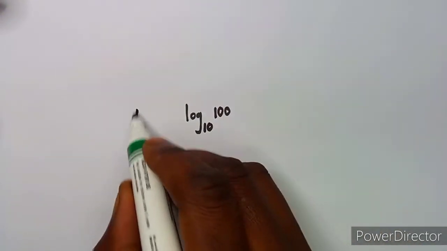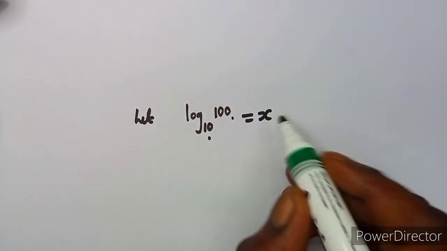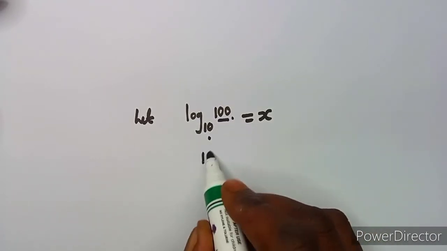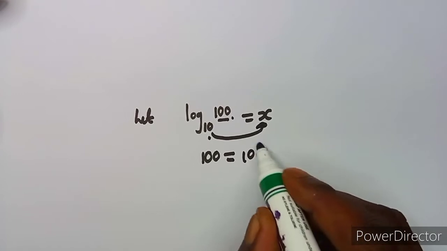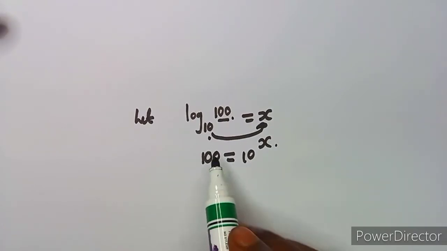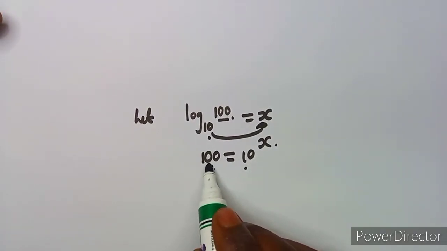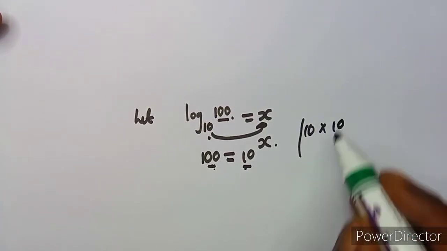We have two options. We can say let the logarithm of 100 in base 10 be equal to x. That will be 100, the number, is equal to the base 10 to the exponent of x, so that you can calculate the value of x. I have to make sure that these bases are the same. So 100 is 10 times 10, which is 10 squared.